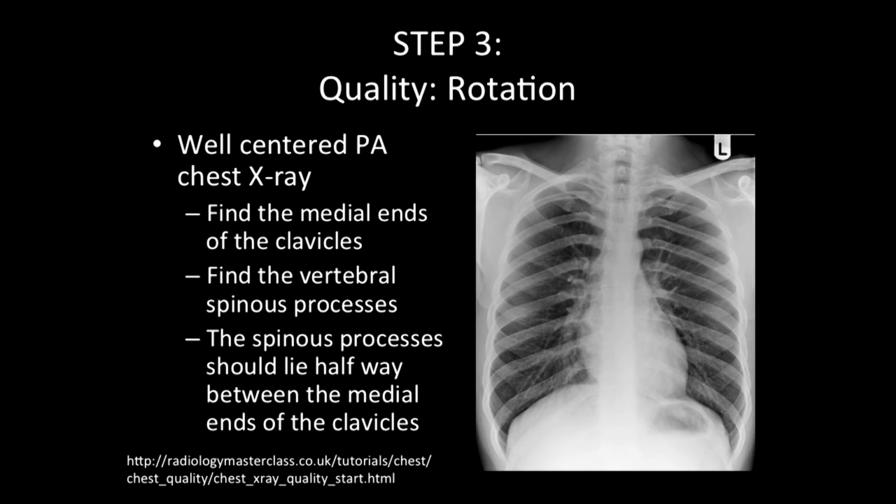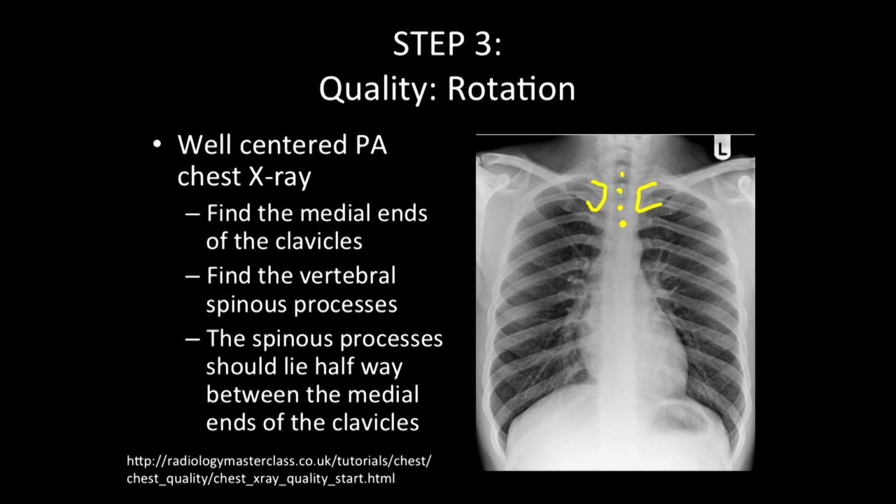do are find the medial edges of the clavicles, and I'm going to draw them roughly in here. We're going to find the vertebral spinous processes, and I'm going to draw those in here. And then these spinous processes on a properly rotated x-ray are generally going to be midway between the medial ends of the clavicles.